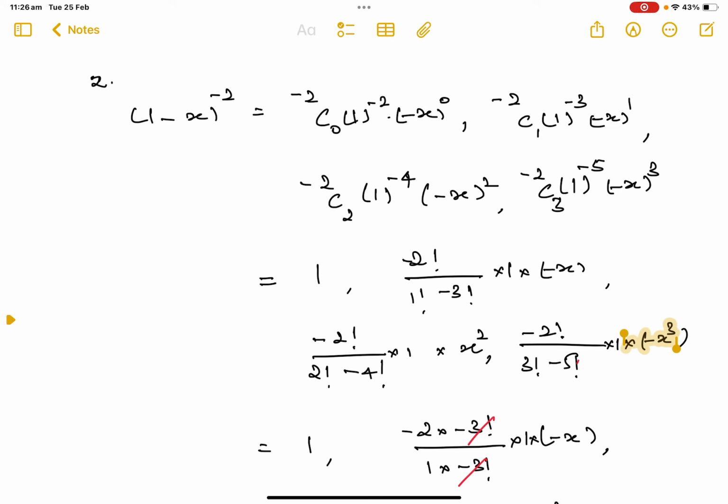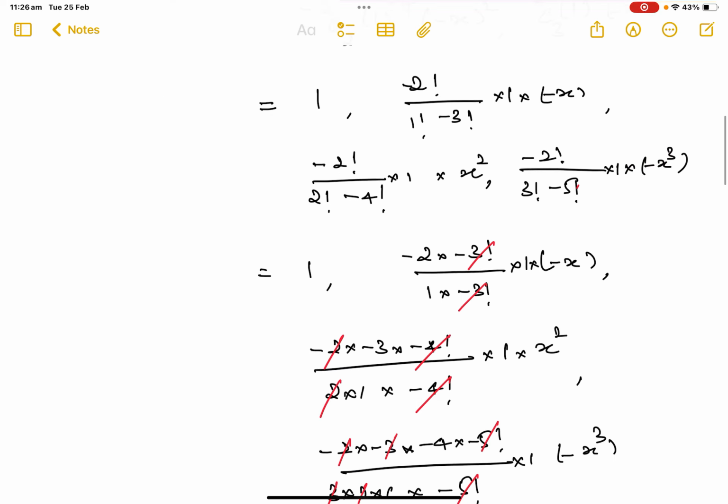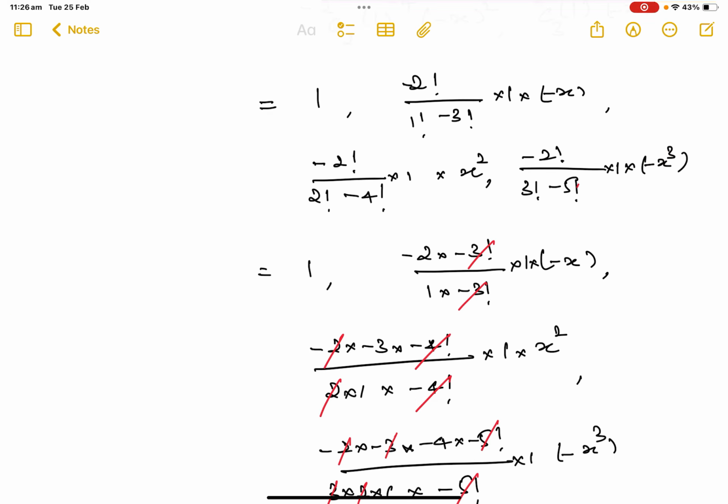The third term, -2 factorial over 2 factorial, -4 factorial, times 1 times x to the power of 2. The fourth term, -2 factorial over 3 factorial, -5 factorial, times 1 times (-x) to the power of 3.